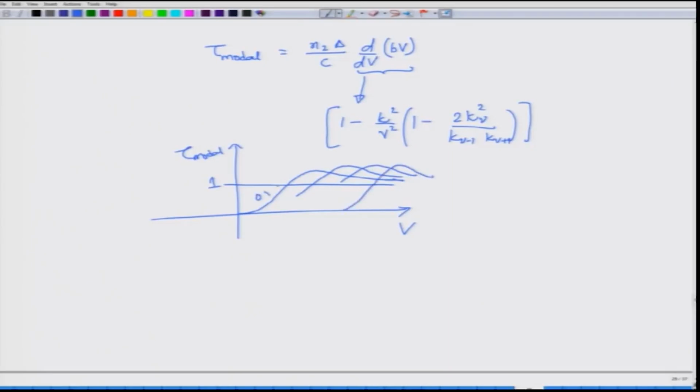So, this is for 0 1, this is for 1 1, this is for 2 1, this is for 0 2 and so on. Farther away from the cutoff, the modal dispersion or the modal delay can be approximated as N2 delta by C, and they have a max modal delay at different values of V number. So, far away from the cutoff you have this approximation for all of them.